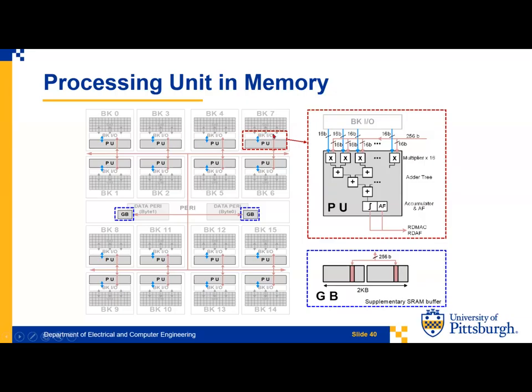You just do the MAC operation inside your memory, because the neural network, the deep learning network, has a lot of matrix multiplication, right? And matrix multiplication is multiplication and accumulation. So you just implement this MAC operation inside your memory, and you can use this hardware to do inference acceleration.